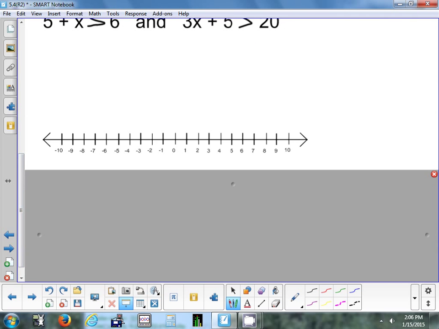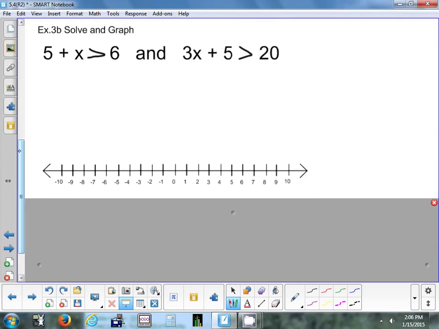Now I'm on to this one. All right, so now again, solve and graph. Sam, what am I going to do first for sentence 1?